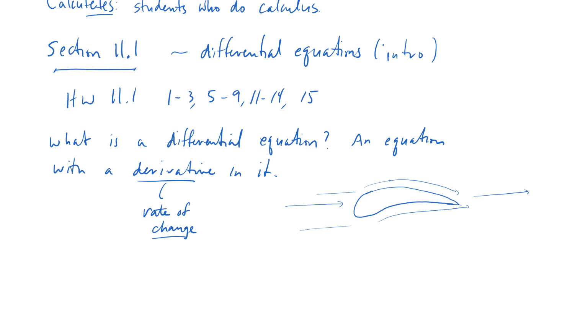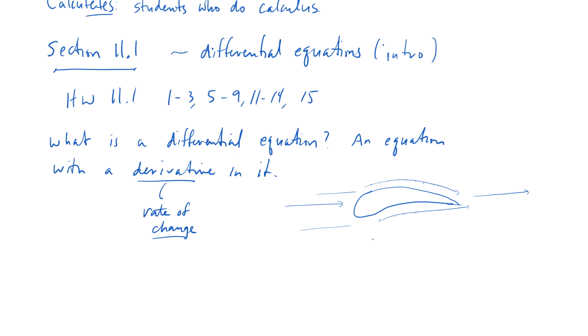So the rate of change of the air on the top is different than the rate of change of the air on the bottom. We use derivatives to represent how fast the air is changing as it goes over the top versus over the bottom. That's just one quick little example.